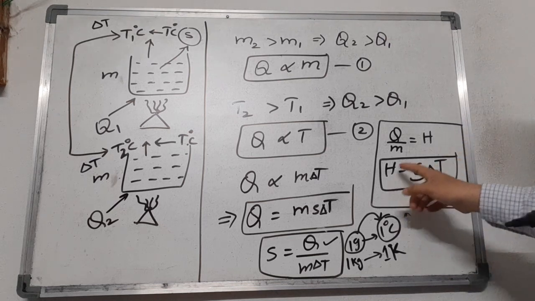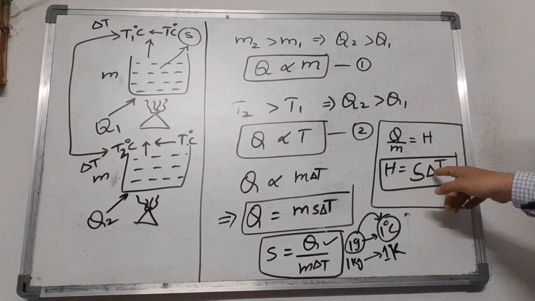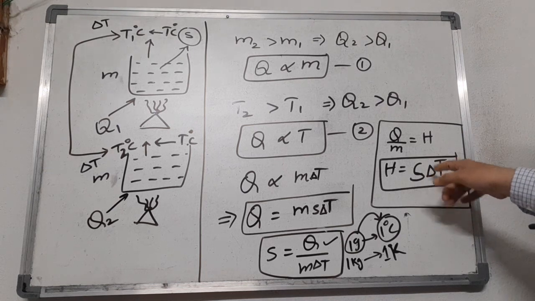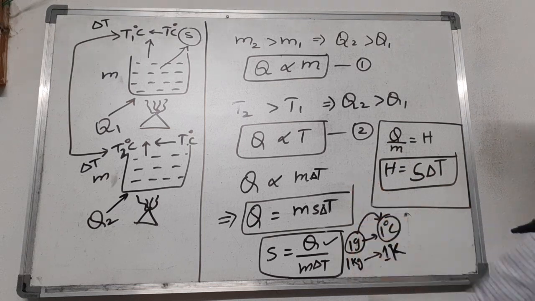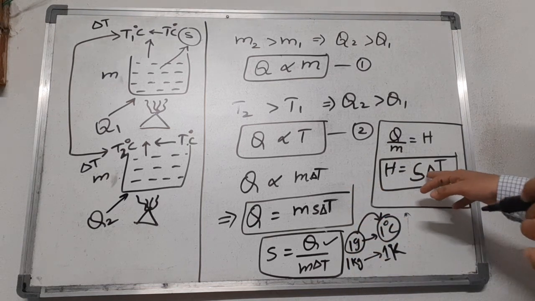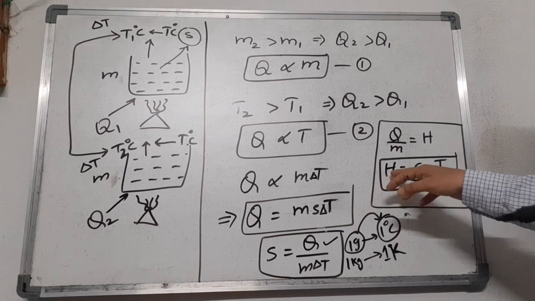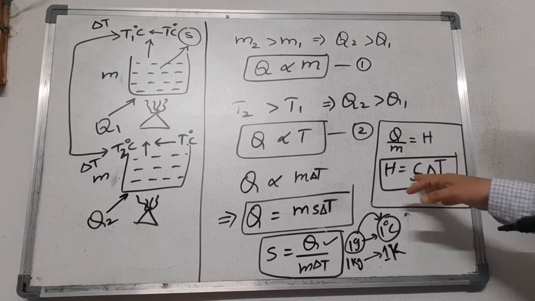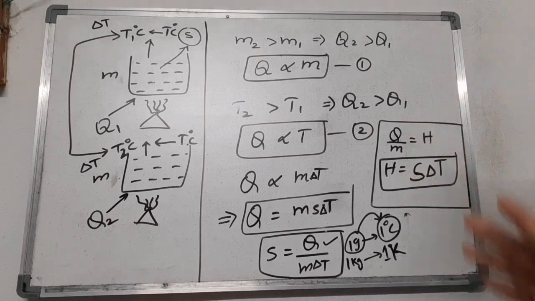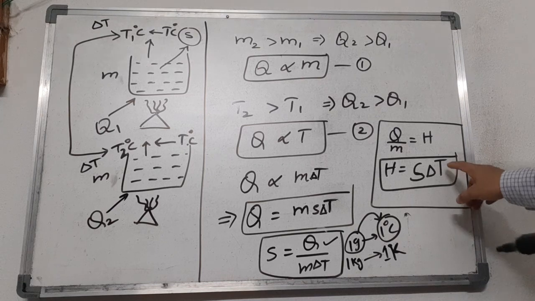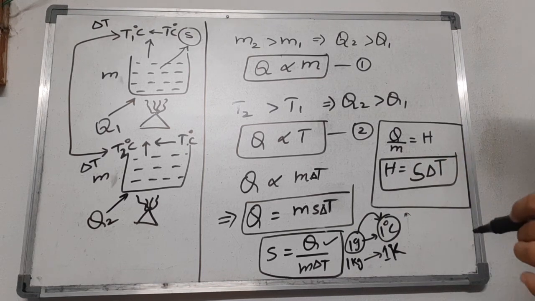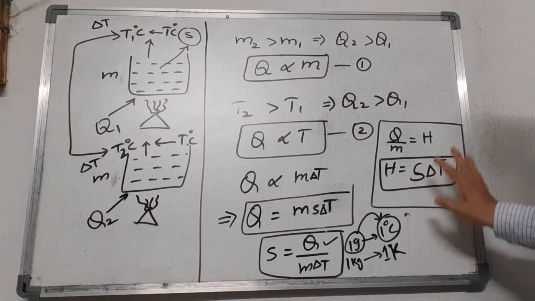The heat capacity is defined as the amount of heat energy that is required to raise the temperature of the whole body by 1 degree Celsius. Heat capacity is nothing but the specific heat of the substance, if we increase the temperature of the whole body by 1 degree Celsius. Only raising the temperature is required here for heat capacity. That is nothing but S delta T, which is called the heat capacity.